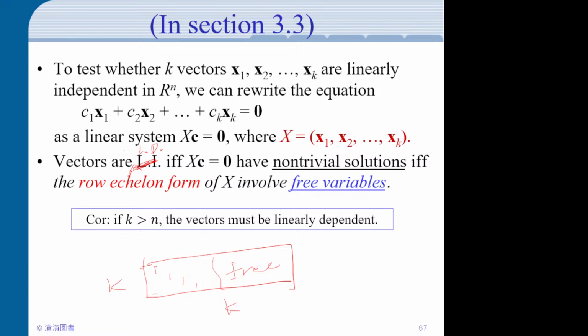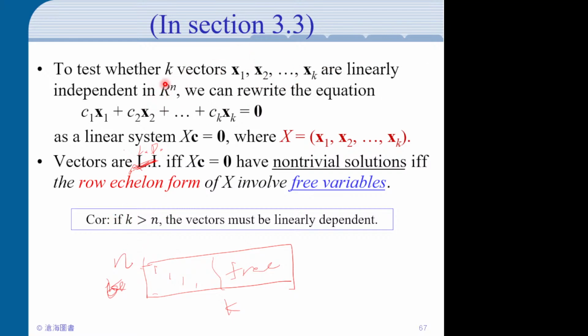And also is n and is k, and we also see that some corollary we had before is that when k is equal to n, then there must be free variable, and the vectors must be linearly dependent. Now we can get this in an easier way, because if k is equal to n, then those vectors are in Rn.